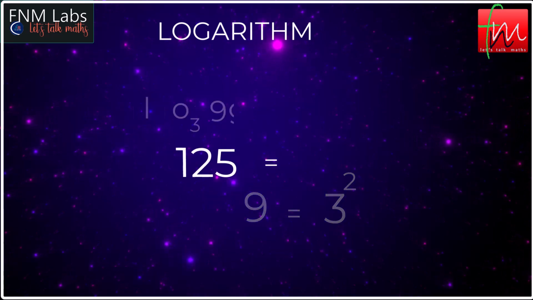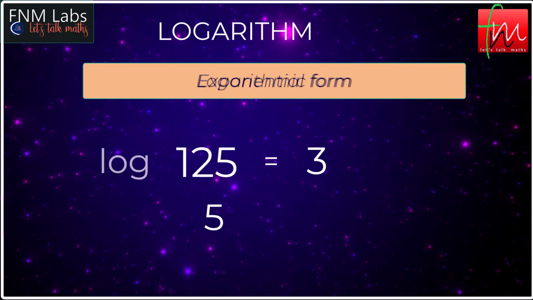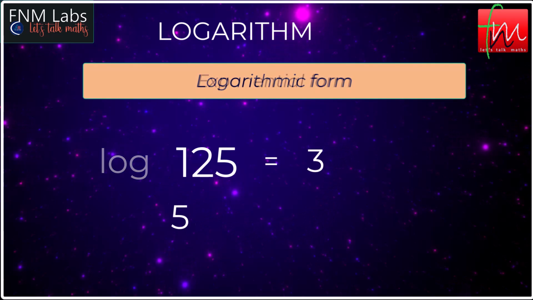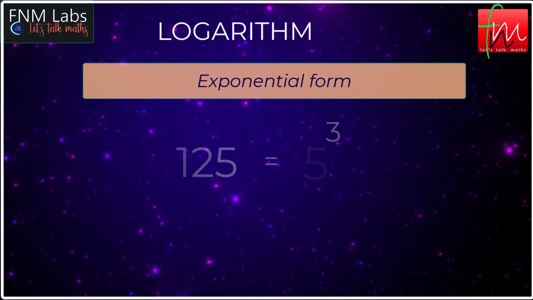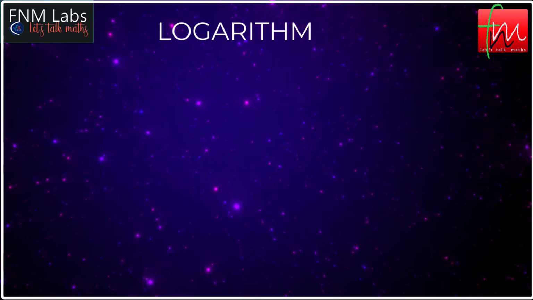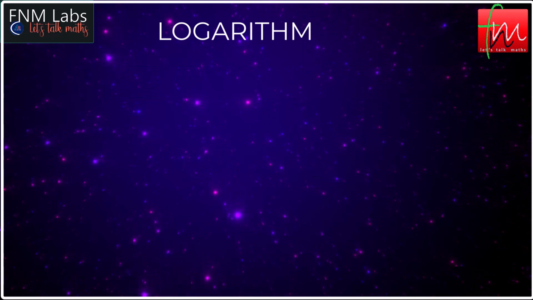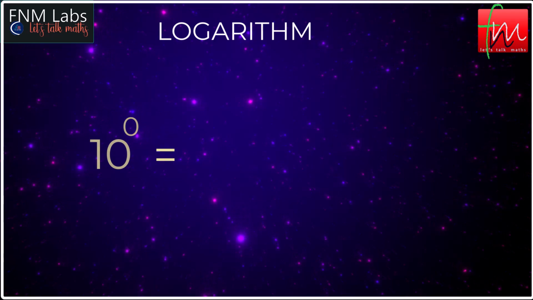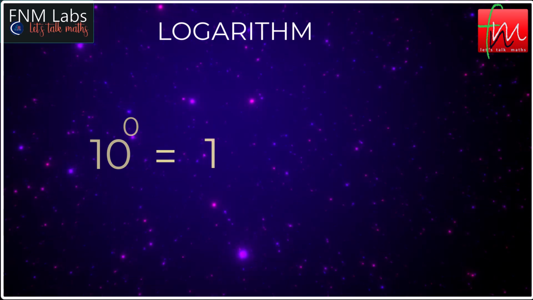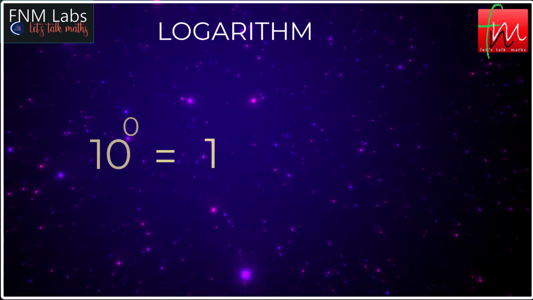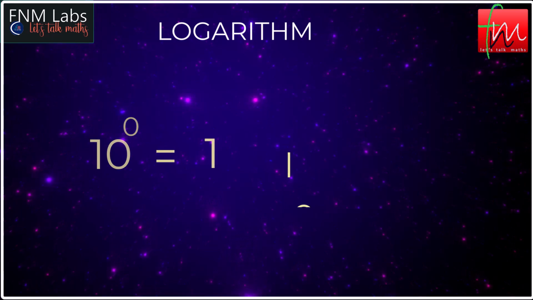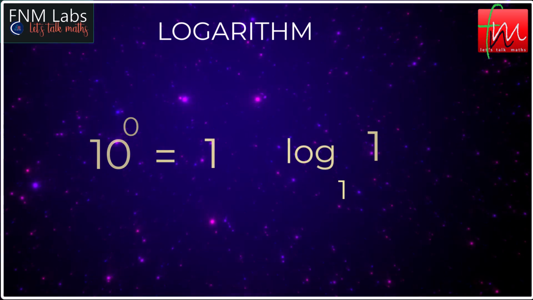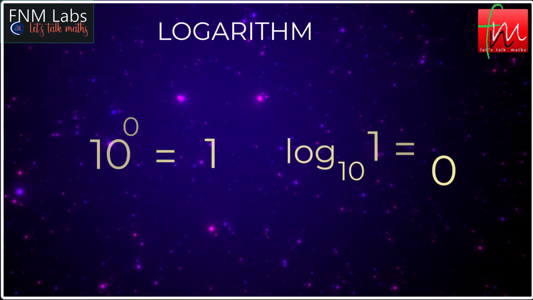I think this video will help you to remember the exponential and logarithmic conversions. So keep this in mind. We know any number raised to the power 0 is 1. For example, 10 to the power 0 is 1. This can be expressed in the logarithmic form as log 1 to the base 10 is 0.